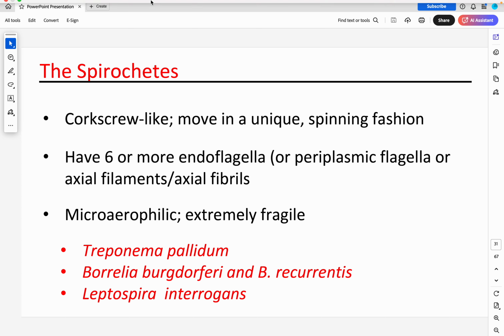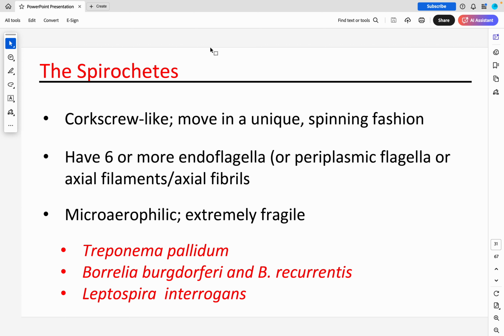The lecture is to cover the remaining bacterial groups and type species for the gram negatives. So let's now start with the spirochetes. The spirochetes, morphologically at the cell level, are corkscrew-like in appearance, and they have a very unique way of moving.